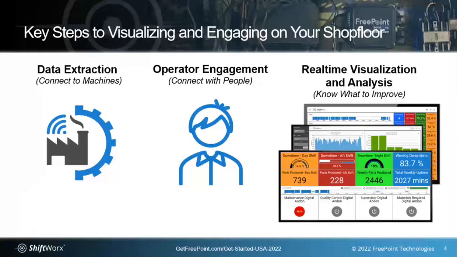Most solutions in the market focus on the left side and the right side of the screen, and they forget about the middle. And the middle is where the operator is, where the human being is. And that's where most of your productivity improvement opportunities may come from. So with the FreePoint solution, we connect the machines with the people, with the plan, and we do it in real time.